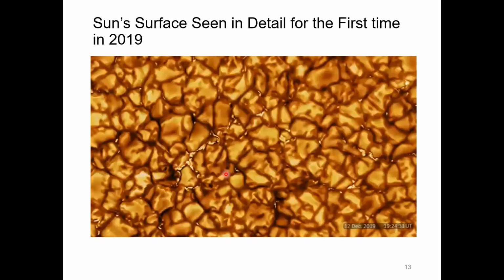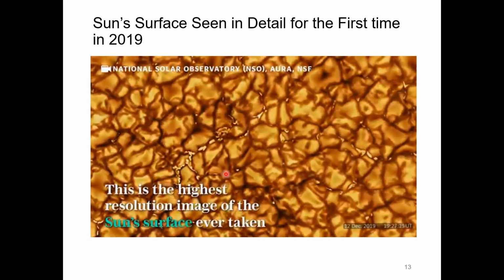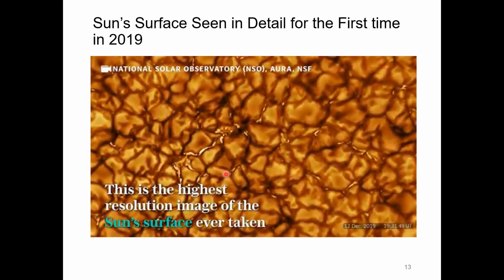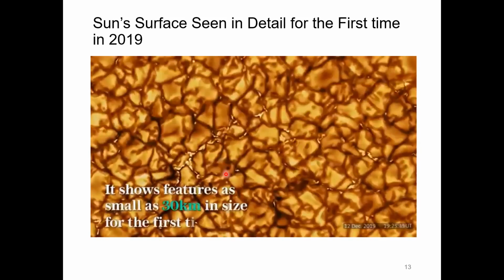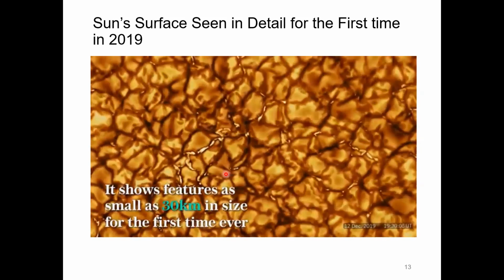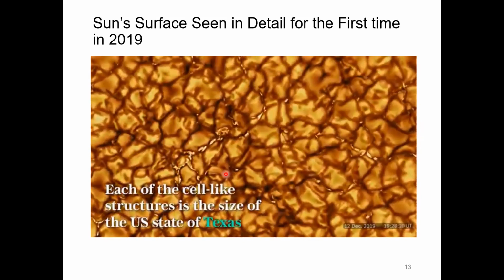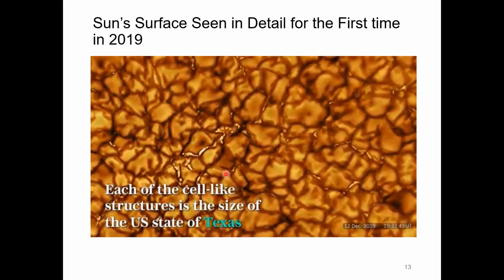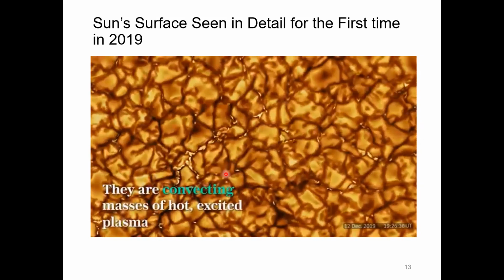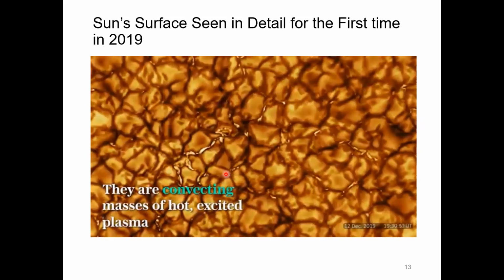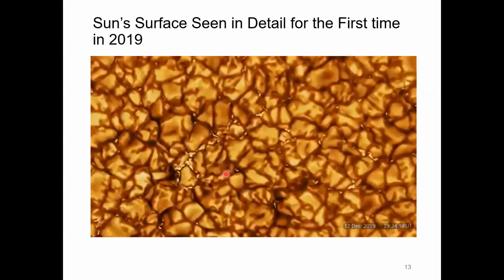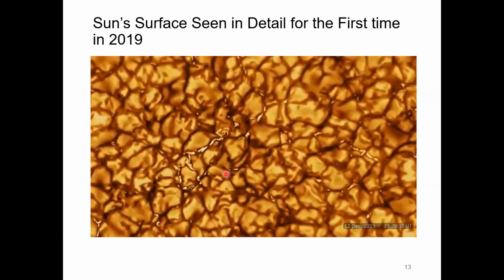So it changes all the time. As you would see here, the structure changes. So this resolution is about 30 kilometers. The smallest thing that you can see here is 30 kilometers big.